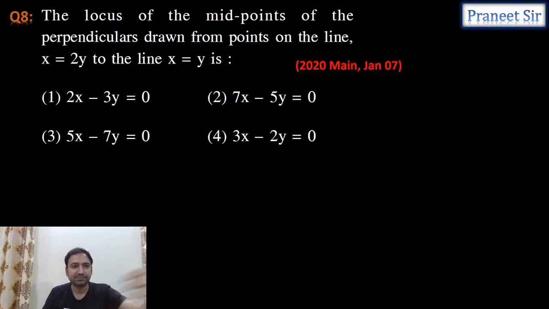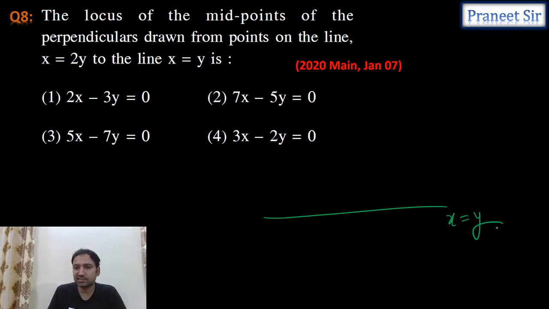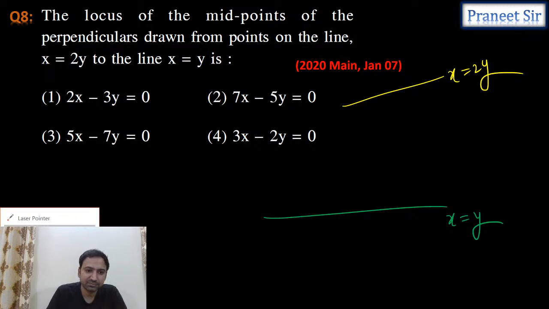Next question. Locus of midpoints of the perpendiculars drawn from a point on this line to this line. Okay, right. Let's take a line x equals y, and let's take another line as x equals 2y.